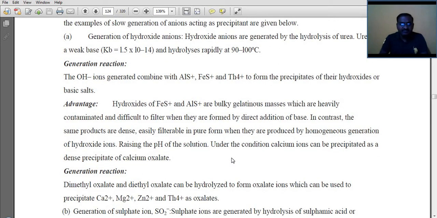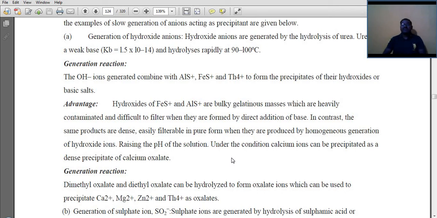Generation reaction: the OH minus ions generated combine with Al3+, Fe3+ and Th4+ to form precipitates of their hydroxides or basic salts.